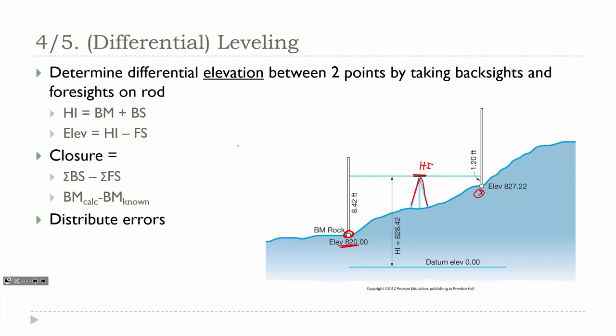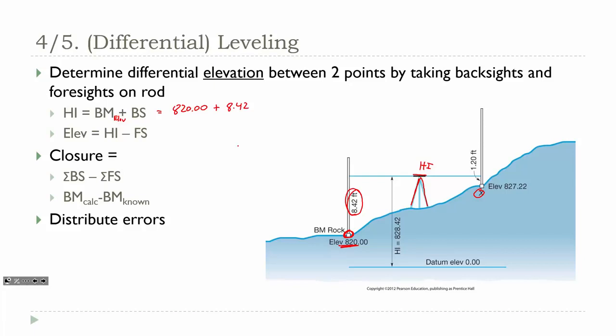You place the level rod there and take a reading, which would be this 8.42 feet. To get the height of the instrument, you take the benchmark elevation of 820 and add that backsite reading.